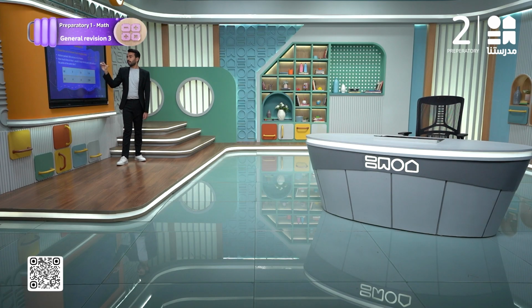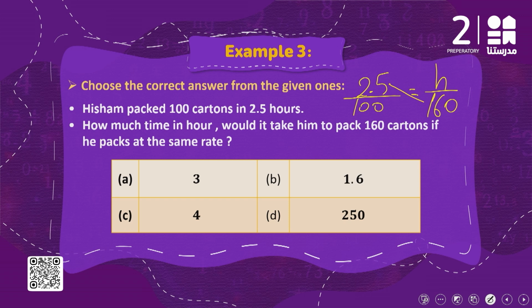You can simply use cross multiplication as we did before. You multiply 2.5 by 160 and 100 by H. So 100 H equals 2.5 times 160, which is 400. Now to find H, you have to divide by 100. That means the answer is 4. This is the time in hours.